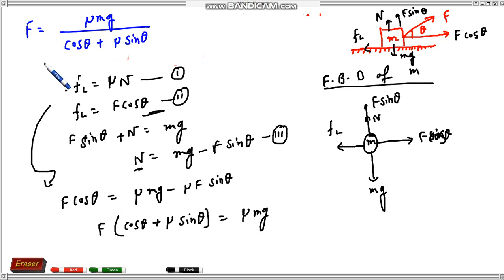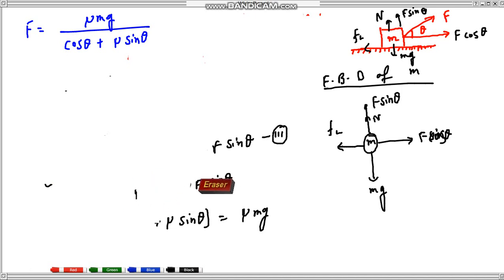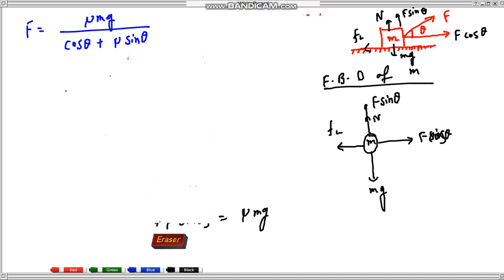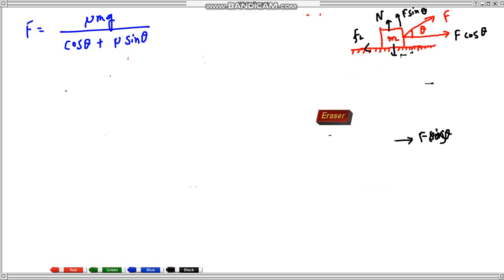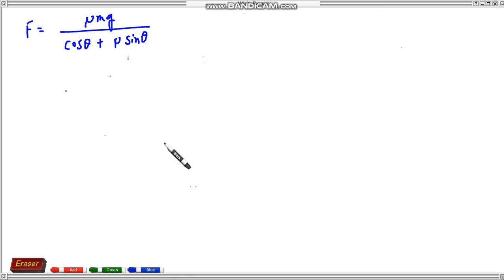Now how can I find the minimum value of F? Here we can use two processes. One, you can use the calculus method, and another you can use the trigonometric formula. So let me solve this problem in two ways.